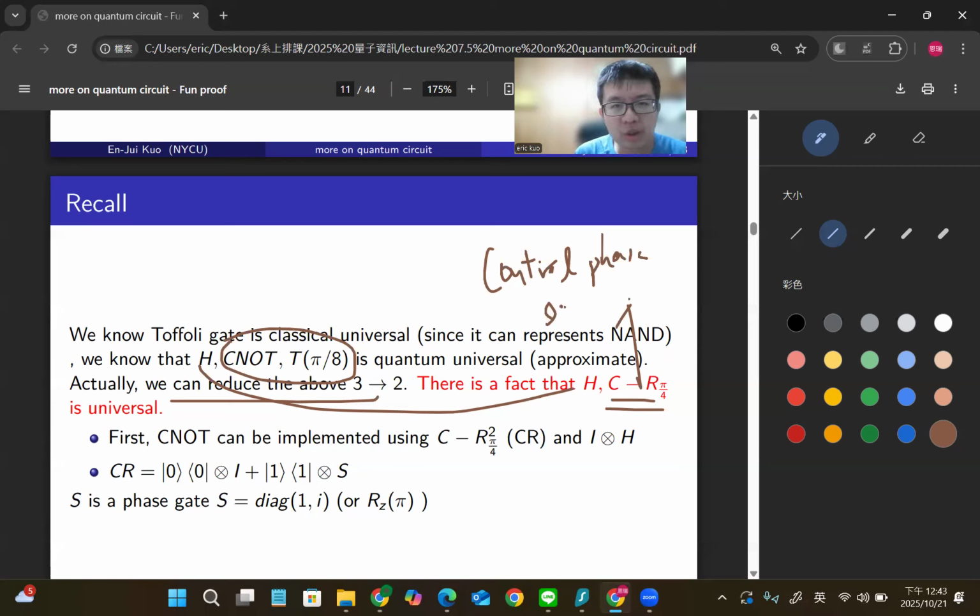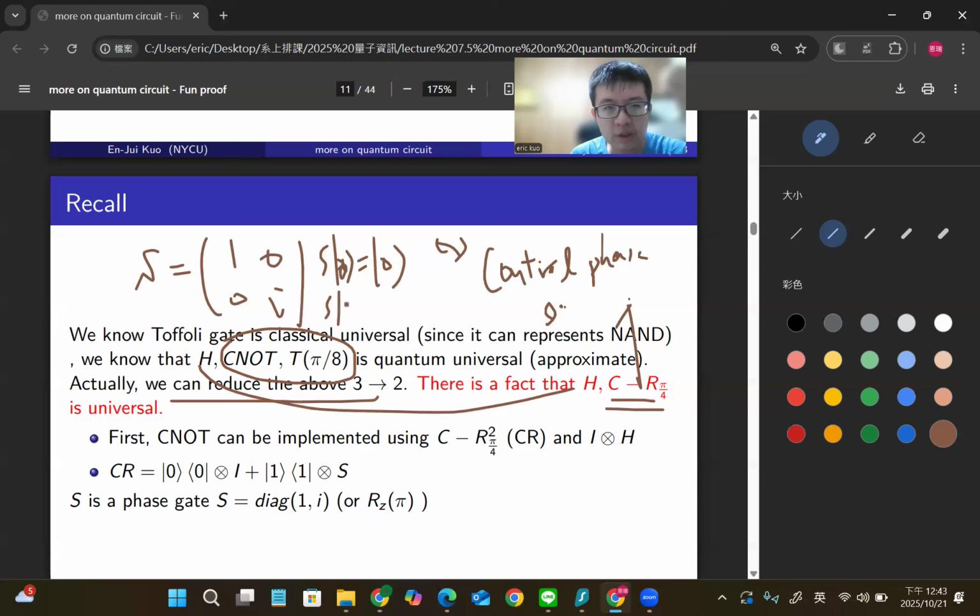Let me just recall the phase gate for you. S is the phase gate, just 1, 0, 0, i. It's very simple: S is a single qubit gate, S acting on 0 gives 0, and acting on 1 gives you an extra i. But we use control, so it's a two-qubit gate. If the first qubit is 1, then you apply S to the second qubit.